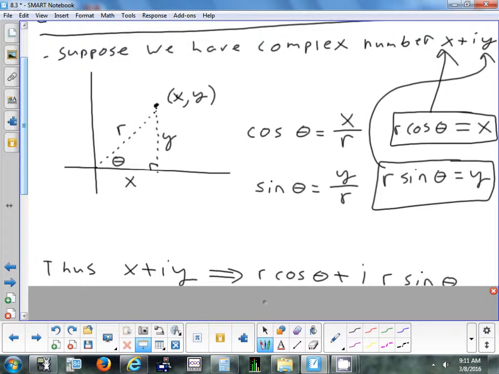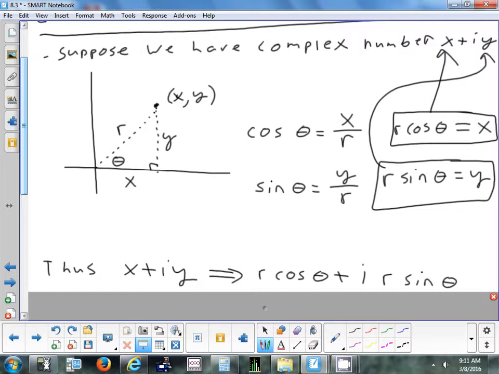So for x, we've got r cosine theta plus, the i stays right where it is, and then y is r sine theta. Now, besides the argument to each trig function, what else do they have in common? They have an r.